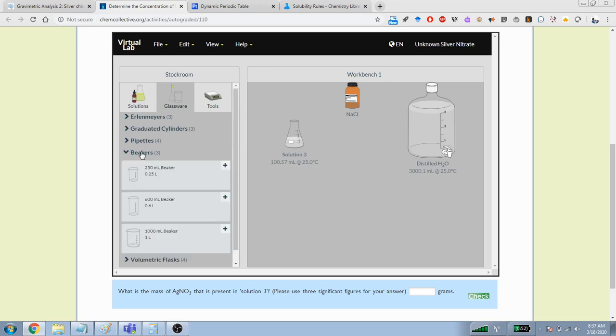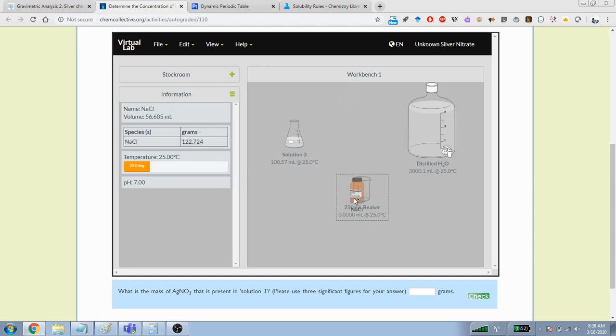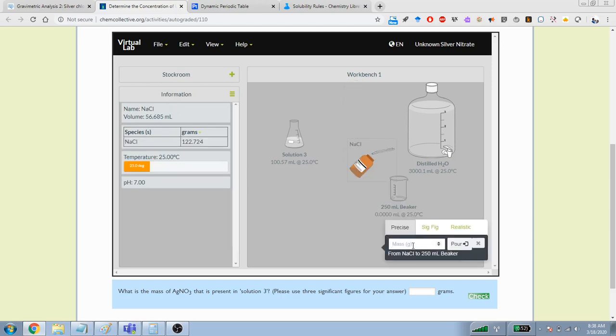I like to do this in a beaker. Right? And I'm going to put some sodium chloride in here. I think I'm going to go big and put 10 grams. There you go. 10 grams have been transferred.